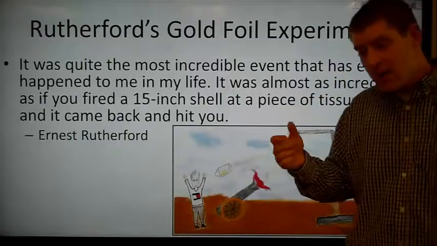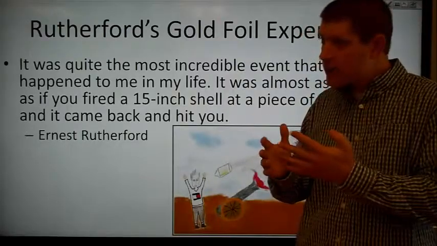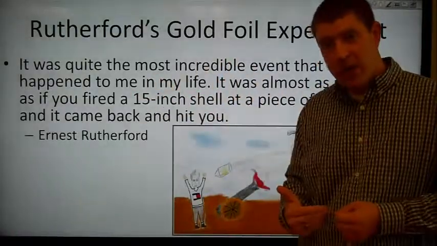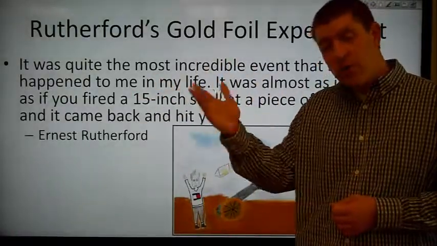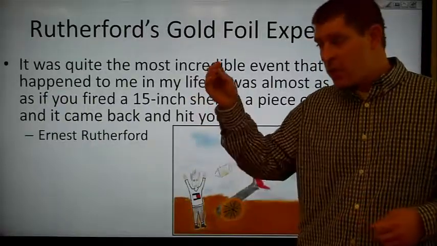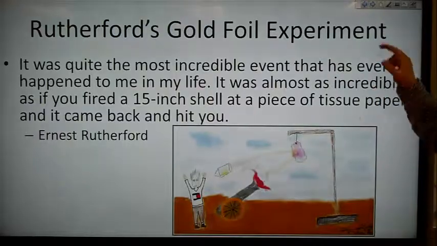And the only way that if I fire a bullet at a piece of tissue paper, that bullet comes back at me, is that the bullet had to have encountered something really, really dense. And so the same thing is true for these alpha particles.